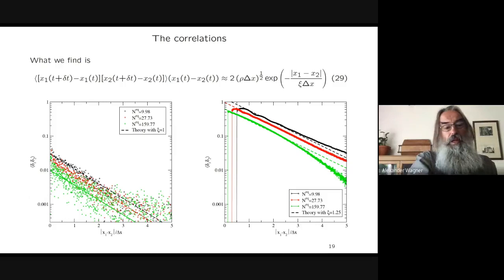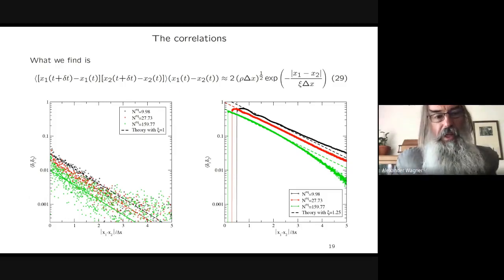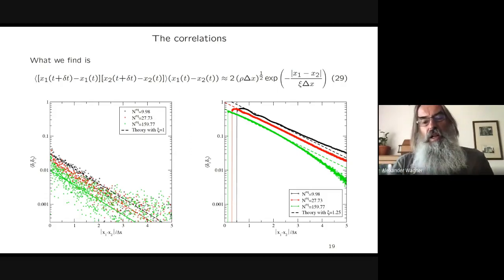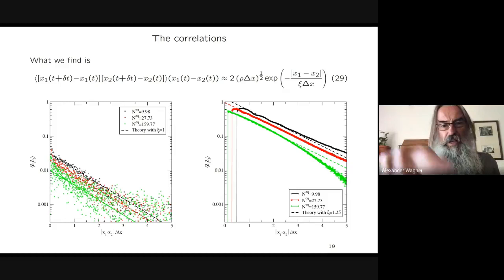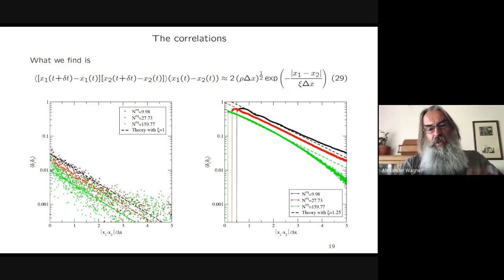And you can see here the data is the stuff that you can measure from the molecular dynamics simulation at different densities. And you find certainly this exponential behavior. The lines there are the theory that we show up there, and then the symbols are the measured data. And they agree reasonably well with this theoretical prediction.